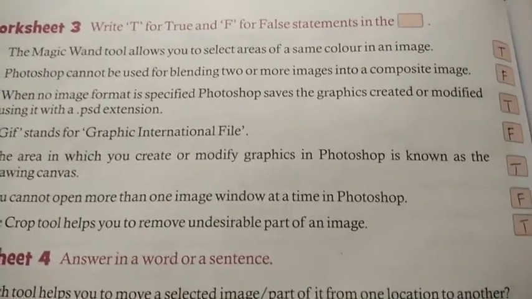Now next, students, worksheet number 3, true and false. First question, the magic wand tool allows you to select areas of the same color in an image. True. Second, Photoshop cannot be used for blending two or more images into a composite image. It's false. Third, when no image format is specified, Photoshop saves the graphic created or modified using it with a .psd extension. True.